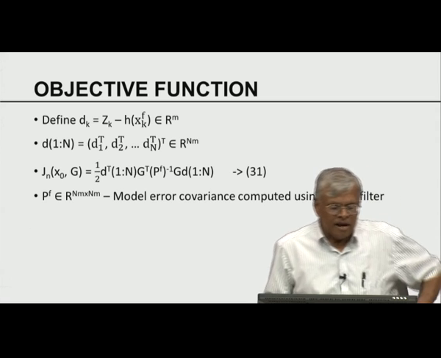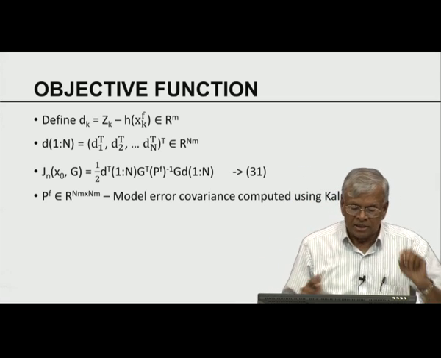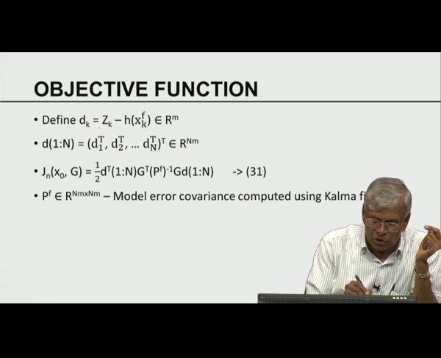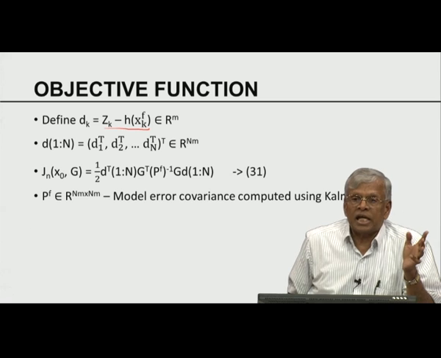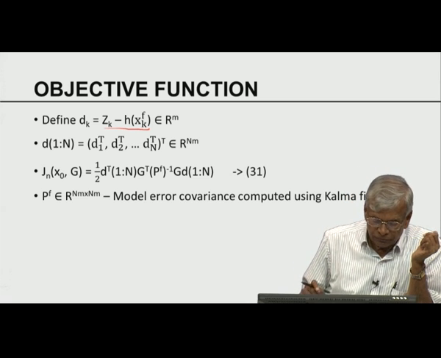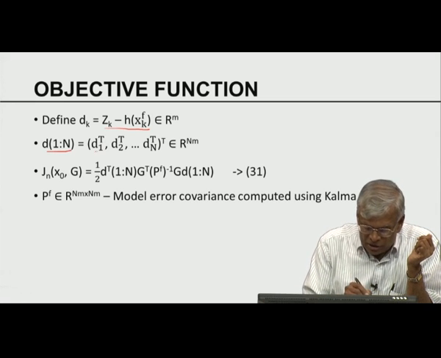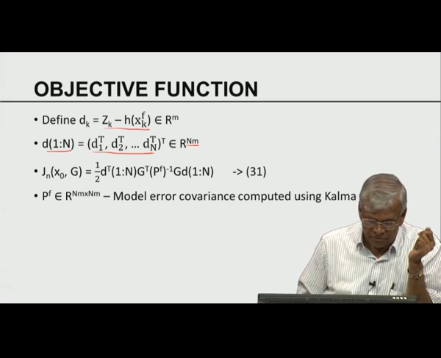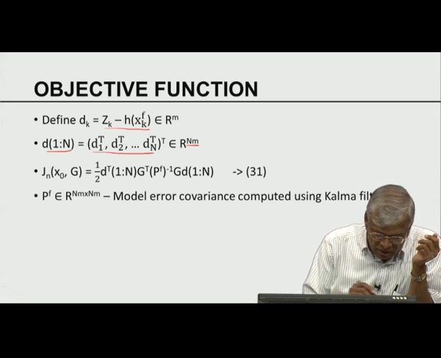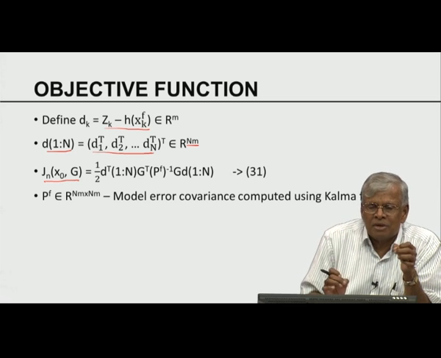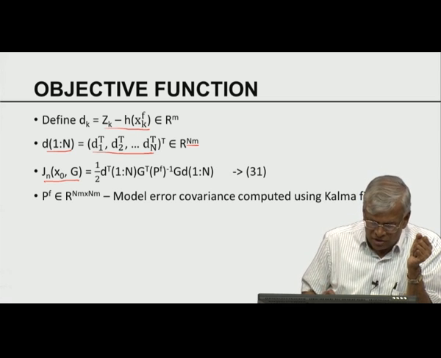So define d_k, which is equal to z_k minus h of x_k^f, which is the innovation, the new information that z_k contains other than what the forecast gives you. So d is the vector of such innovations. D is again a vector of size nm. Now I am going to concoct a J_N of G. J_N is called the nudging induced cost function.